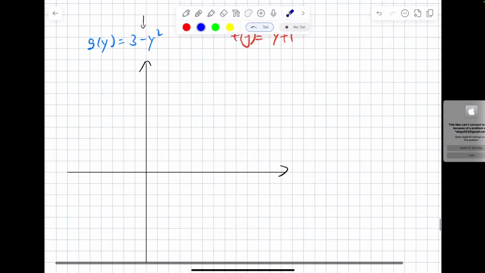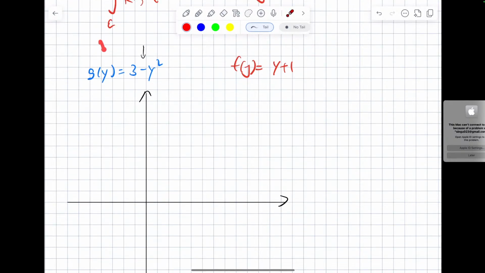And on Desmos, you should try to graph x equal to 3 minus y squared now. See if they come out the same. x equal to 3 minus y squared. So it should give you something like this, right? And something like this, and something like this.